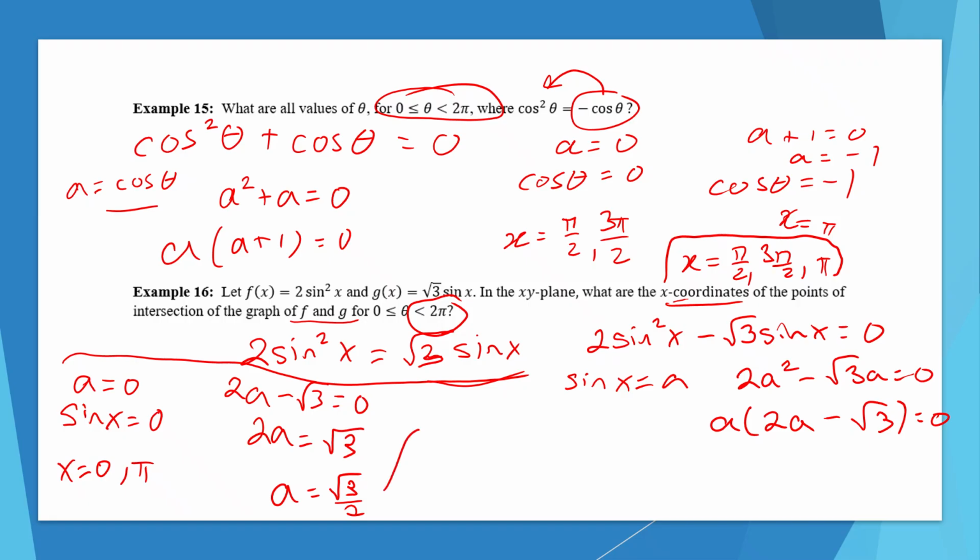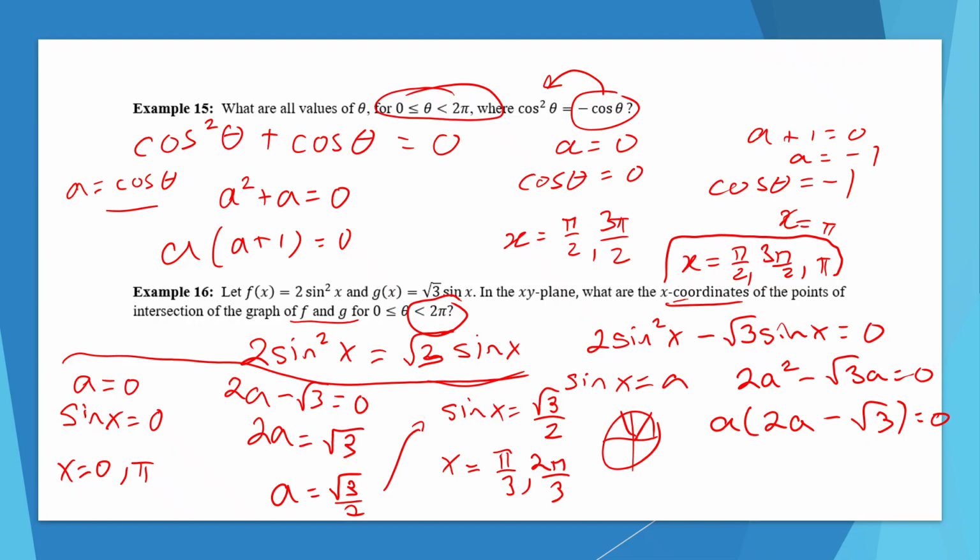Here, solving this equation, we have sine of x equals only positive root 3 over 2, so we're only going to be looking at the first and second quadrant. Here, this should be at a 60-degree reference angle, so x equals pi over 3 and 2 pi over 3.